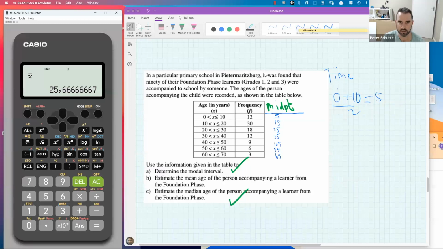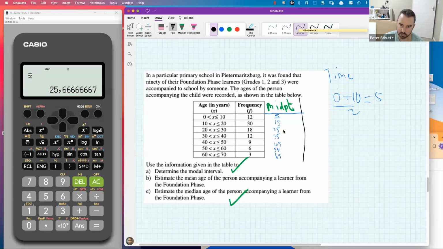When I've got grouped data, I need an estimate for the value, which is the midpoint of the interval. Finding that midpoint will depend on whether the data is discrete or continuous. We always pretty much find the halfway point.